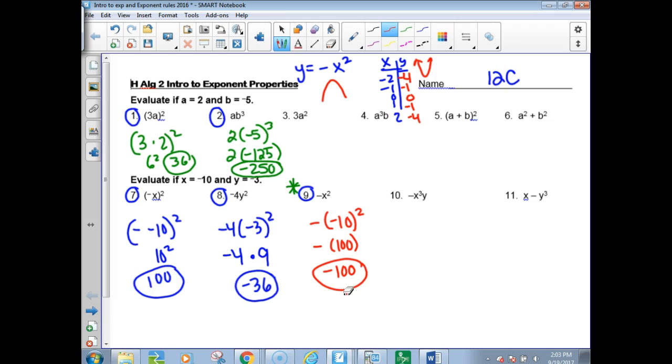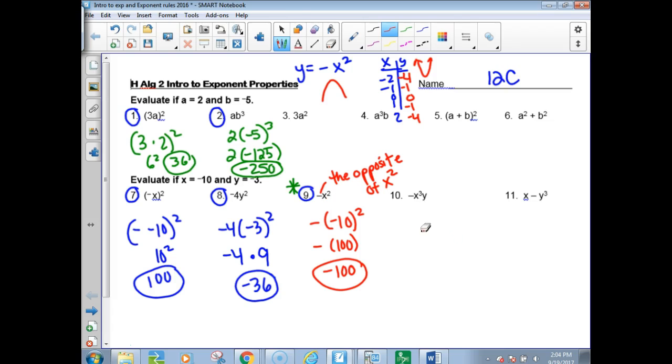Anything you square is positive, that is true, but that's not what this says. This says the opposite of x squared. Okay? So you change the sign at the end. All of the answers coming out of this would be negative.